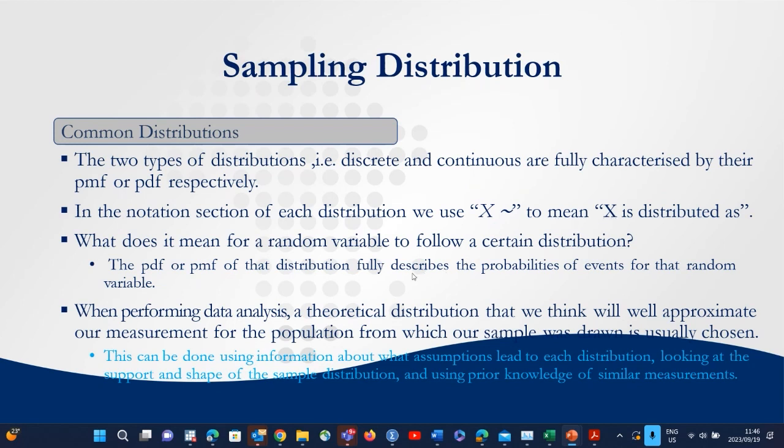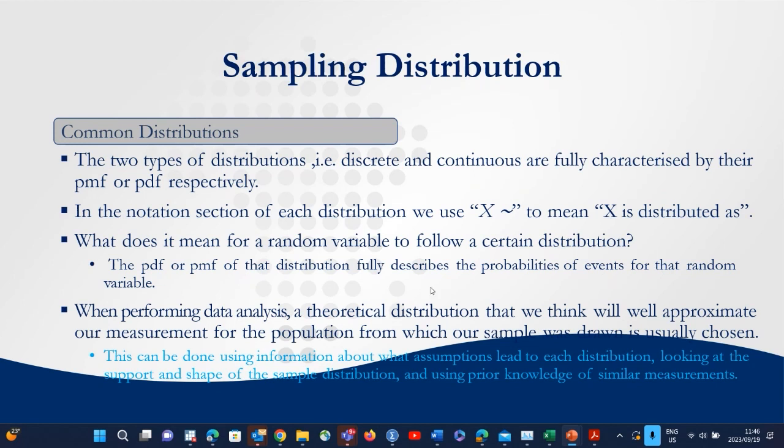And I've explained here what it means for a random variable to follow a certain distribution: it fully describes the probability of events for that random variable. So when it follows a certain distribution, the PMF of that distribution fully describes the probability of events for that random variable.